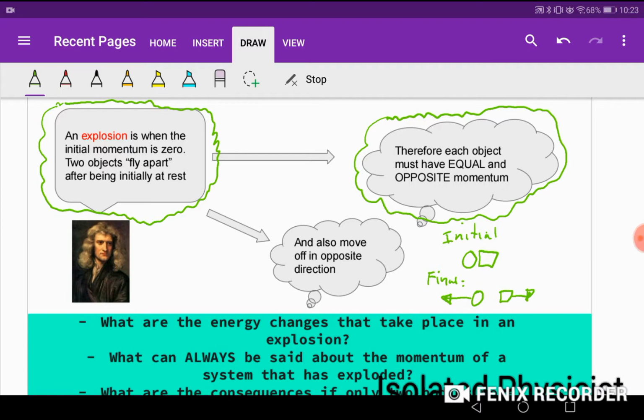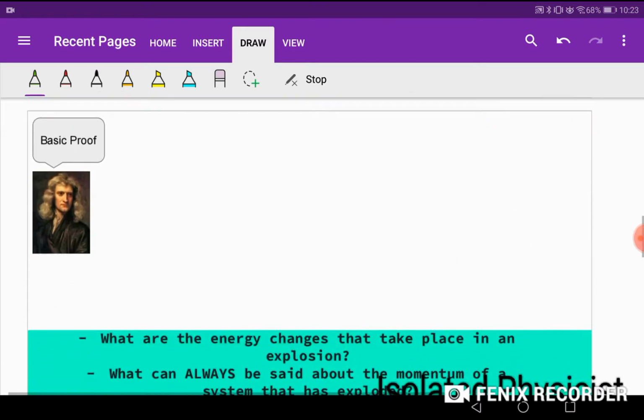We also know that it must move in the opposite direction, just from conservation of momentum. Because momentum's a vector, you can't have two positive things add up to zero, essentially. So let me just show you why that's the case.